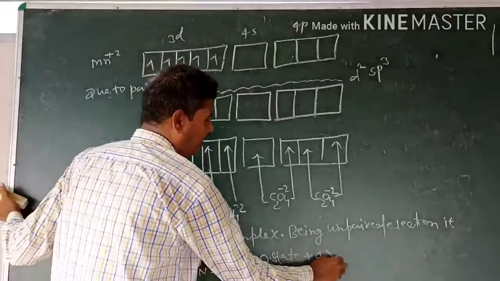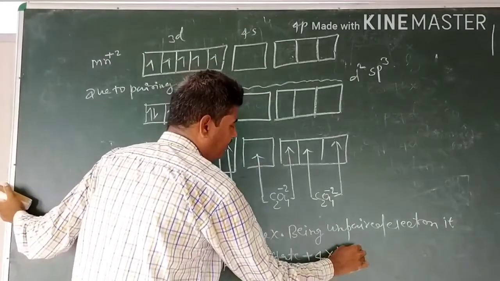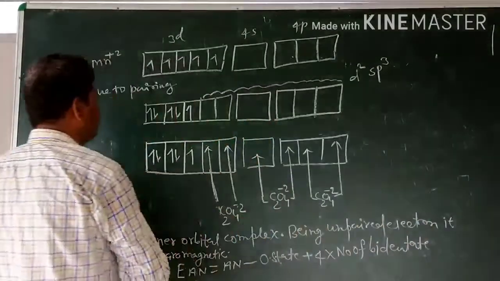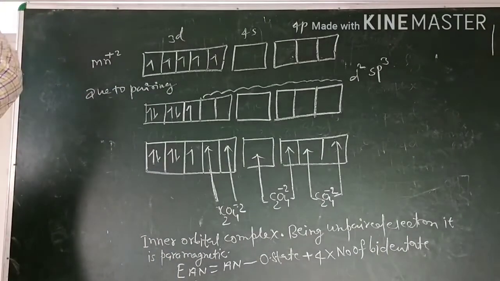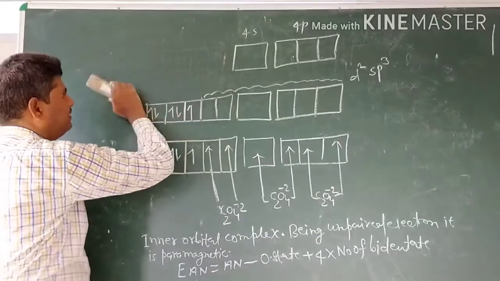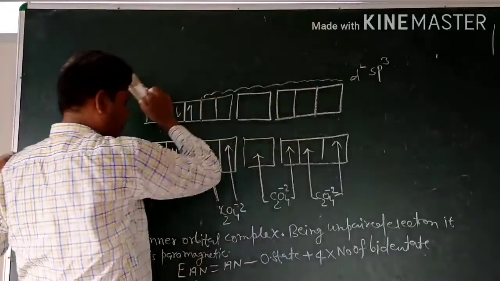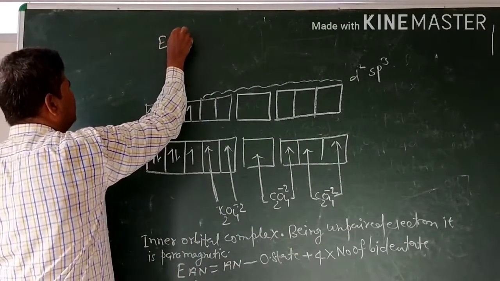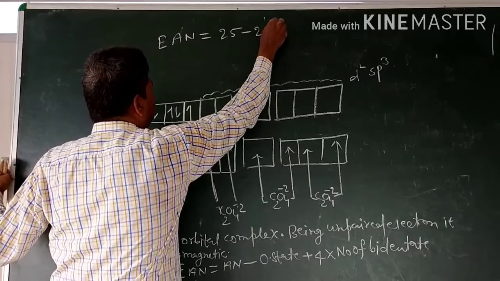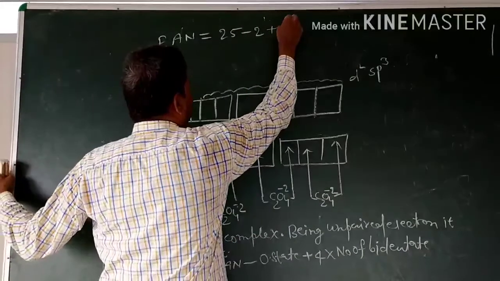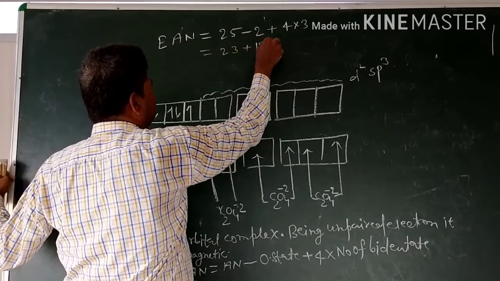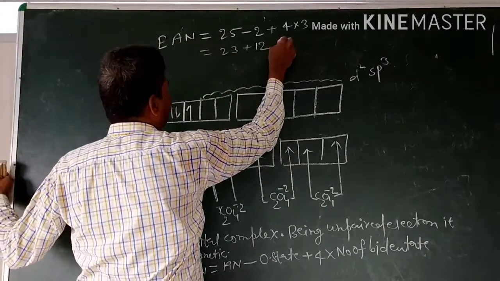So 4 times the number of bidentate ligands. Thus EAN is equal to 25 minus 2 plus 4 times 3, 23 plus 12, that is 35.